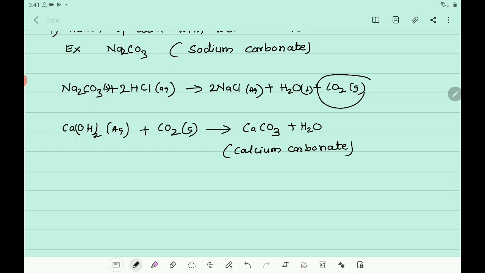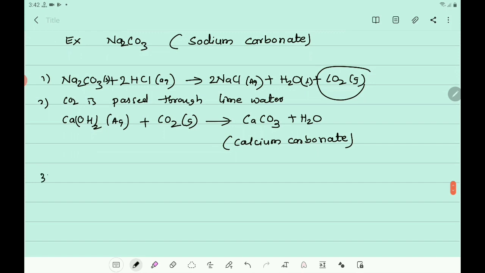Then on excess passing. So here what is that? CO2 is passed in the first step, and in the second step CO2 is passed through what? Lime water.